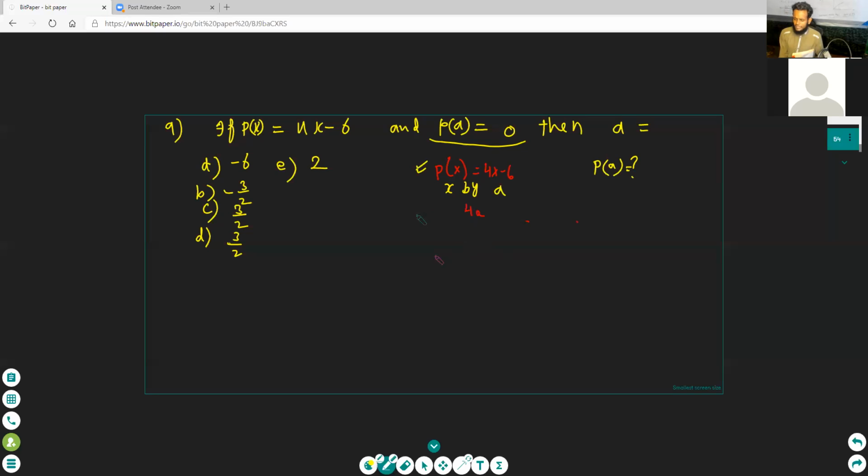Right here, P of A is equal to, right here. Here, write P of A. And now see the value and put equal to 0. See this value. P of A is equal to 0 and put here.